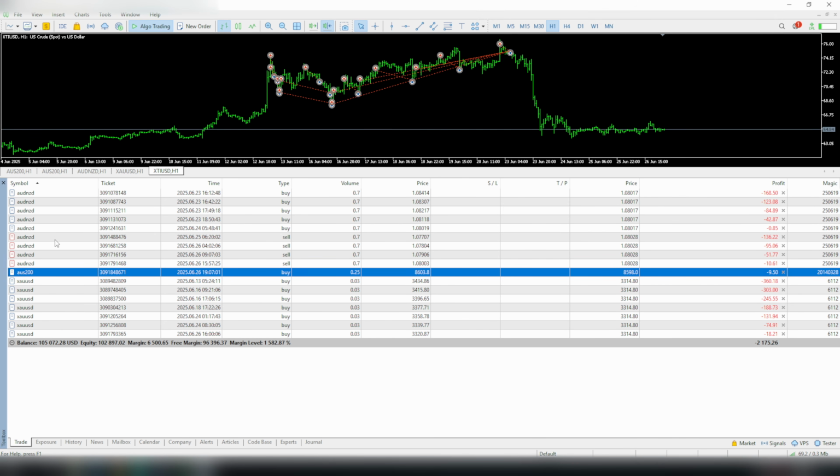But the way I've got it set up is that the Aussie New Zealand worst case scenario, I will lose $1,000 or 1%. Same with the gold, same with the AUS 200. So my account is not going to blow up. It will at most make a 3% loss on my current open trades. In terms of equity, currently I'm up almost 3% on this account for about 2 weeks of trading.